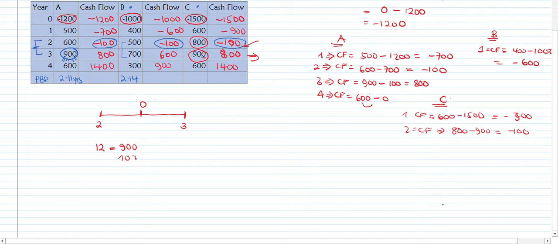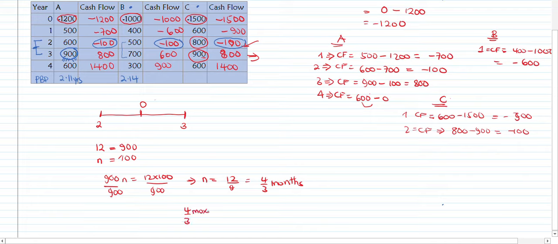900. So how many months will we be able to generate 100? Let me call it N. So 900 N is equal to 12 by 100 over 900. And so we are going to get N equal to 12 over 9, which is 4 on 3 months. Now we want it in years, so 4 on 3 months by 1 on 12, 1 year, 12 months.